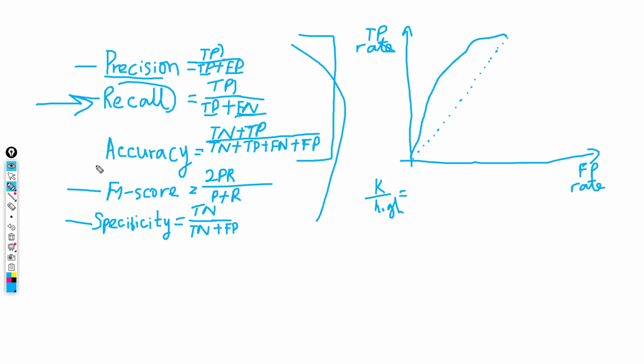Now, if you look at the accuracy, you'll notice that we have TN plus TP in the numerator and TN plus TP again in the denominator, and we have FN plus FP. If you are keen enough, you should see that this accuracy doesn't give any priority to either the false negatives or the false positives. It treats these two as the same. But as we've seen previously, in solving real world problems, many times we would have to prioritize.